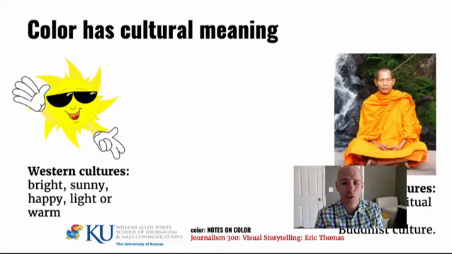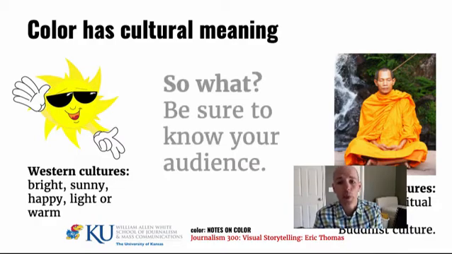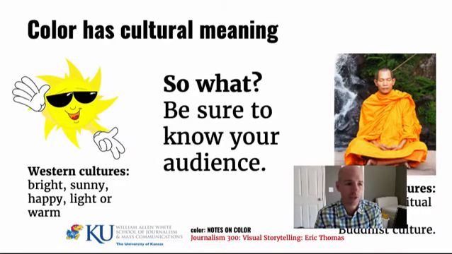Whereas in Eastern cultures, yellow and the orange associated with yellow have a very high spiritual meaning, right? It's not this kind of silly happiness, but instead it has that kind of association. So we, as designers, need to be sure that we know our audience, right? We need to know who we're communicating with and what kind of associations yellow would have with those audiences, right?